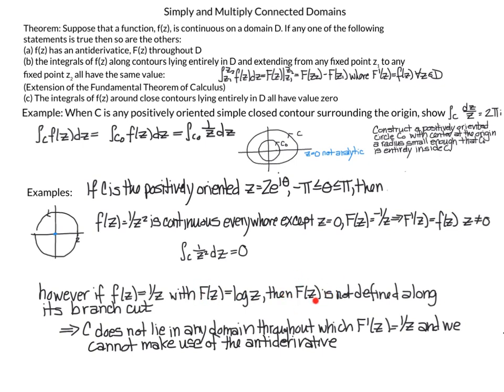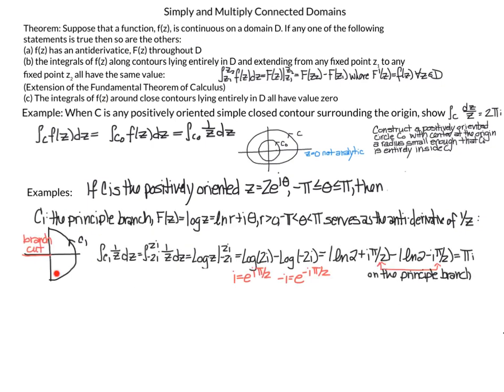However, the log of z is not a function, it's a multi-valued function. So it's not defined along its branch cut. So C does not lie in any domain throughout which F prime of z equals 1 over z, and we cannot make use of this antiderivative theorem, except that we were able to use branch cuts.